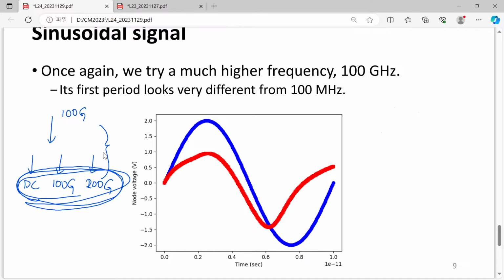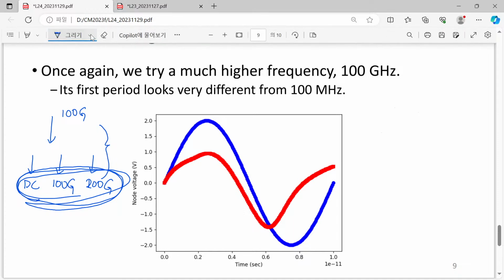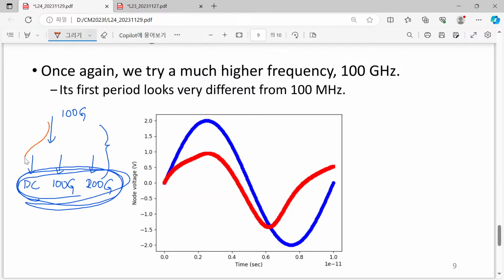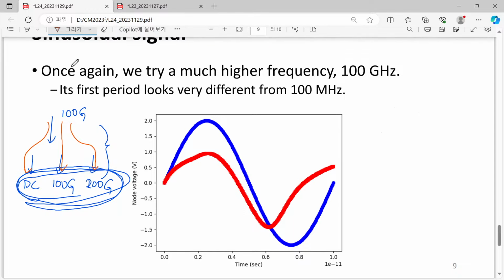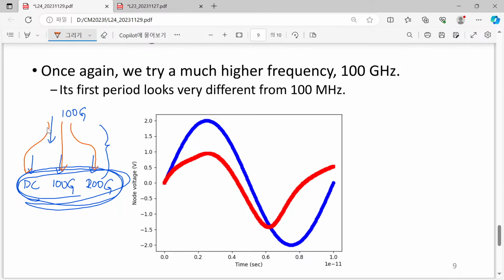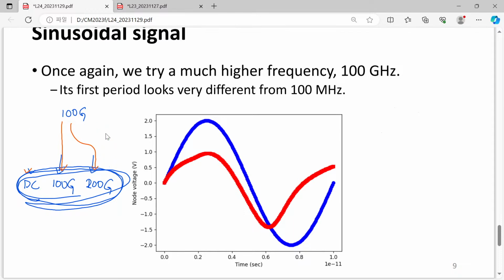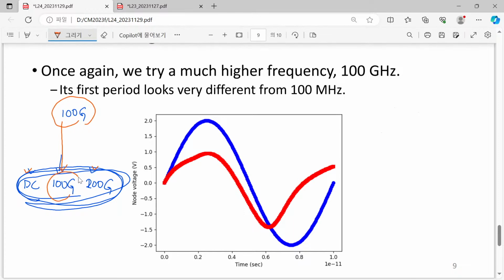However, instead of considering the full relation between 100 GHz and DC, all over this calculation, what I can cover in this semester within 2 lecture hours is just this 100 gigahertz to 100 gigahertz relationship.